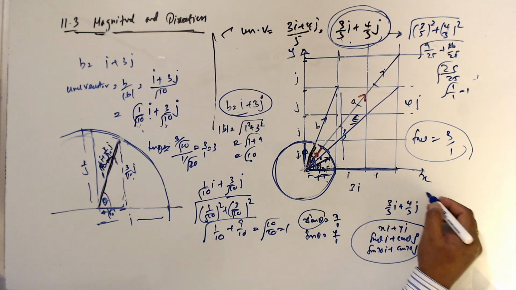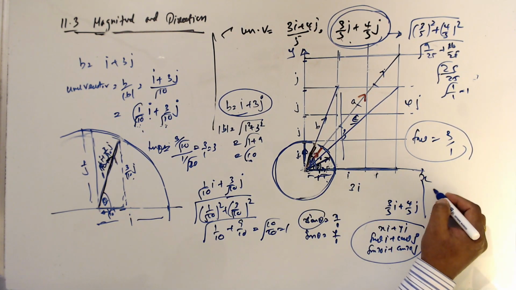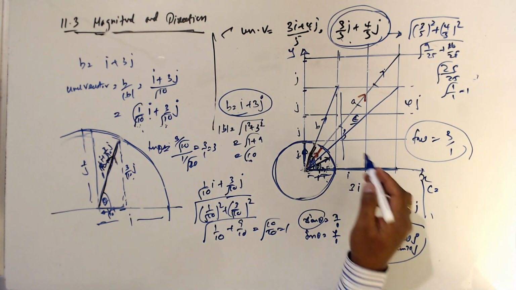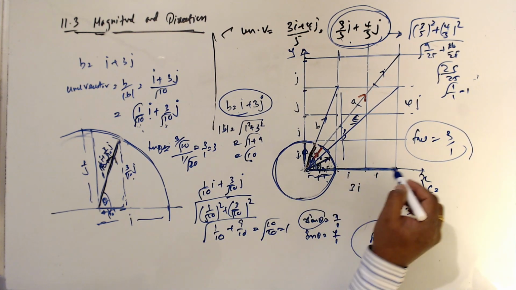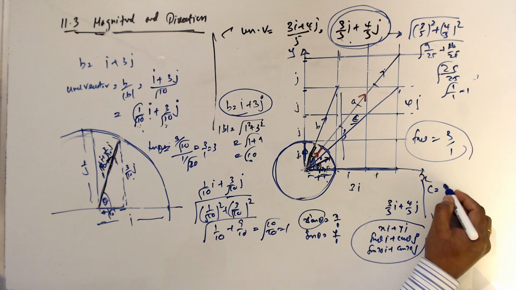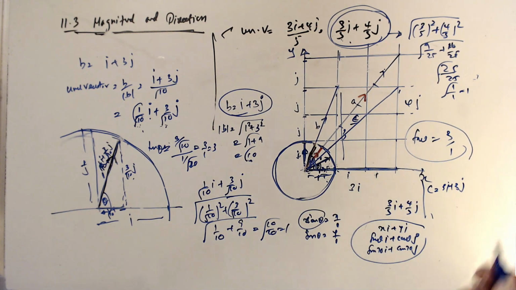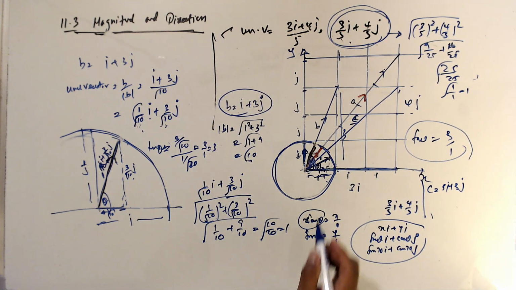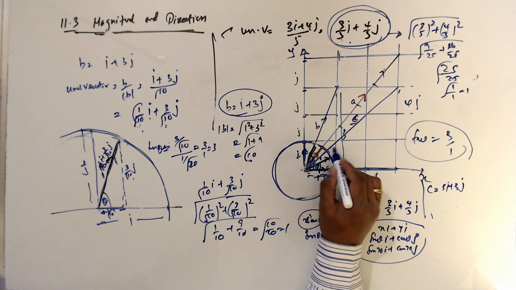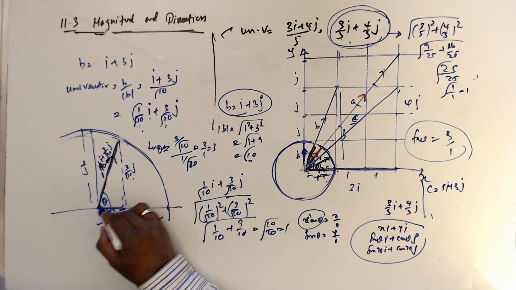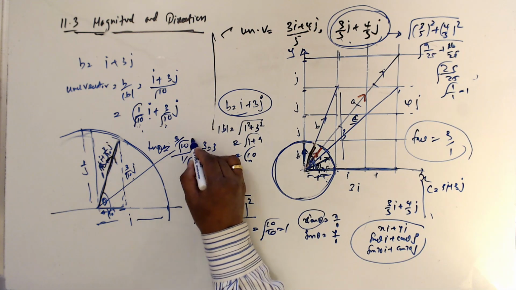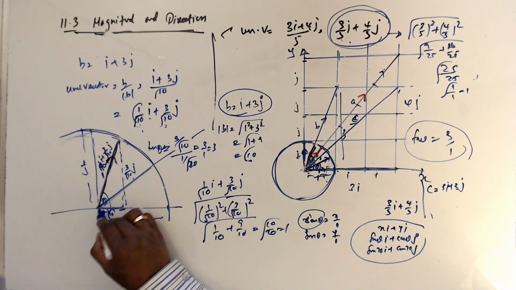C is going to be 1, 2, 3, 1, 2, 3. So 3i plus 3j. So what is the unit vector?